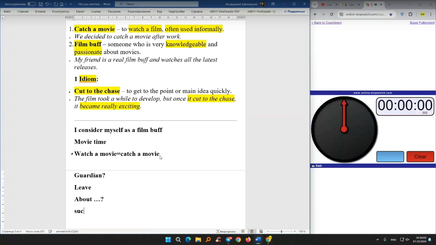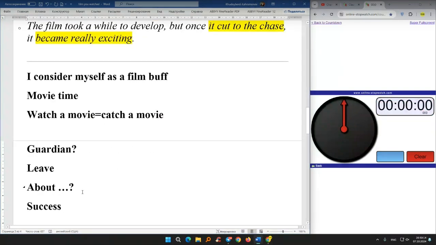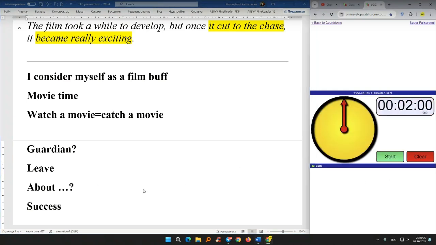So success, all right? It's success, not success. And you were talking about what? About friendship, about something, and I didn't get the first noun that you said. What was the word about something? Zulfiya, did you remember?